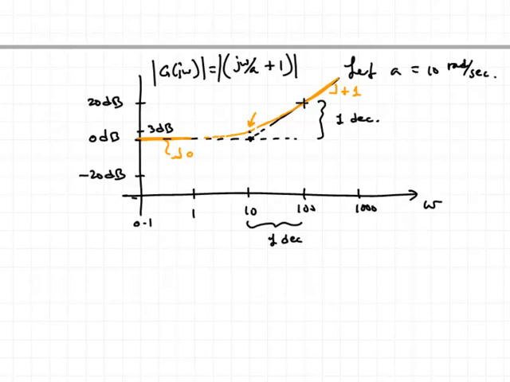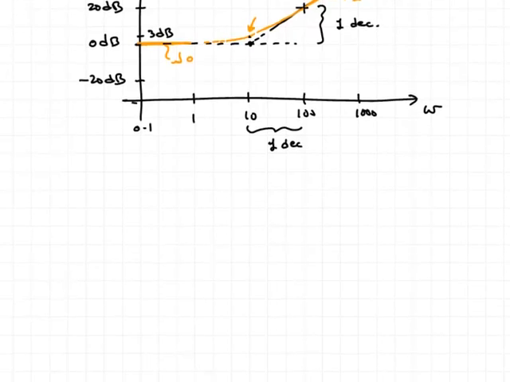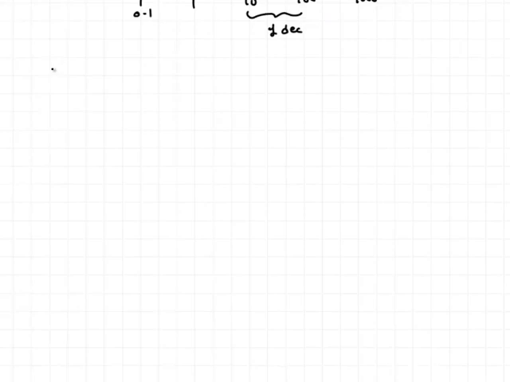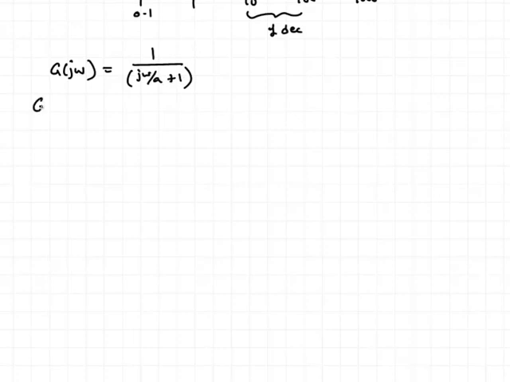Now let's consider the case of a little different transfer function. G of j omega is equal to 1 over j omega over a plus 1. Okay, so this would just be G of s is equal to 1 over s over a plus 1. All right, so I flipped this simple root, I put it down in the denominator instead of the numerator.